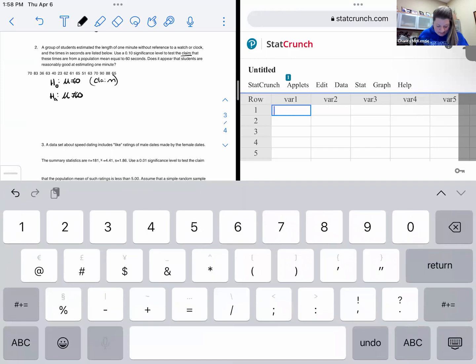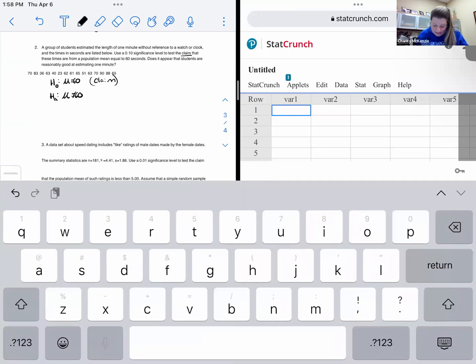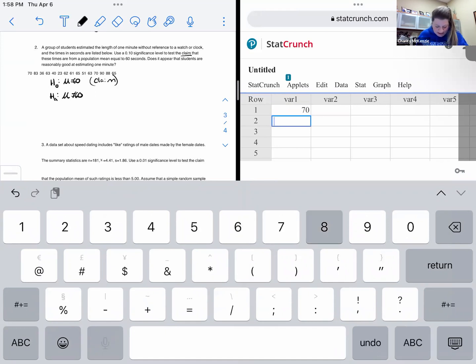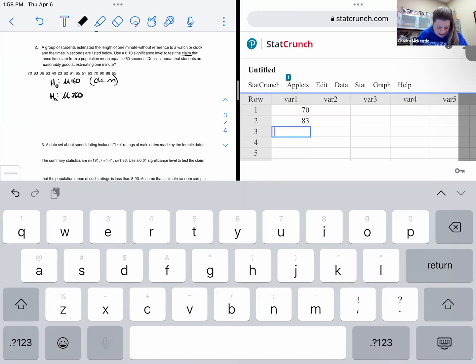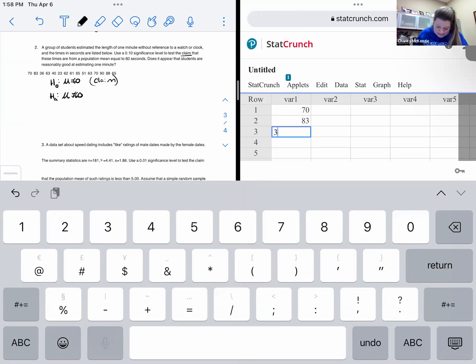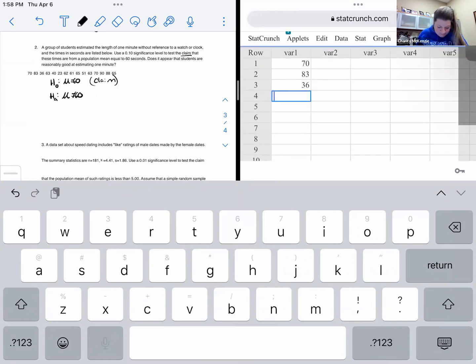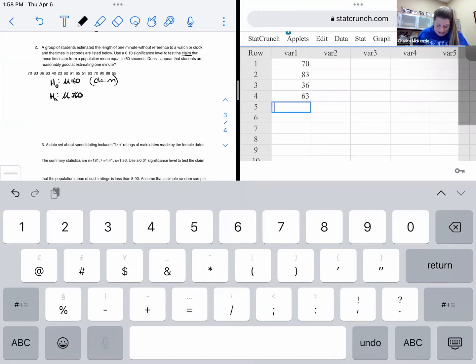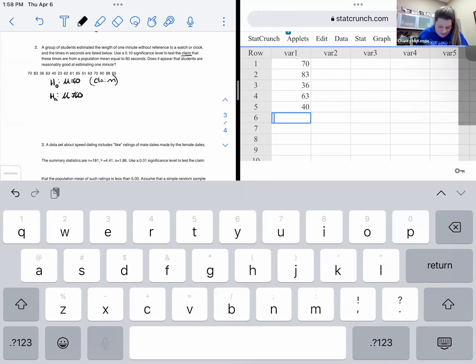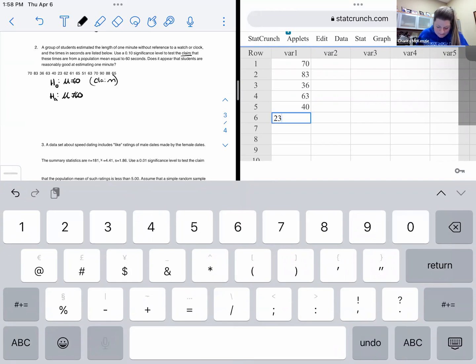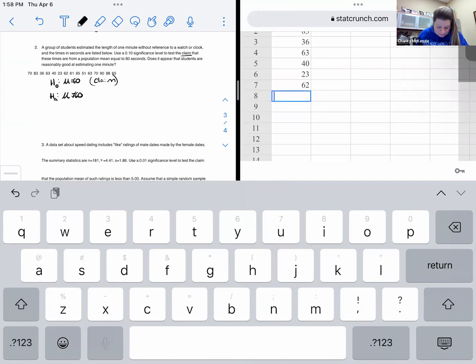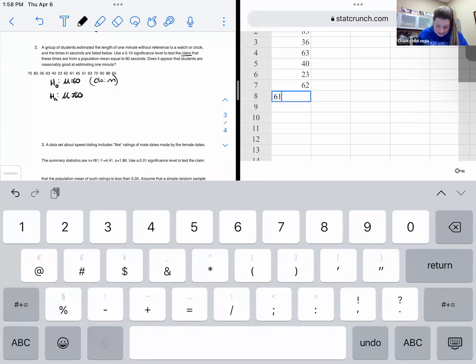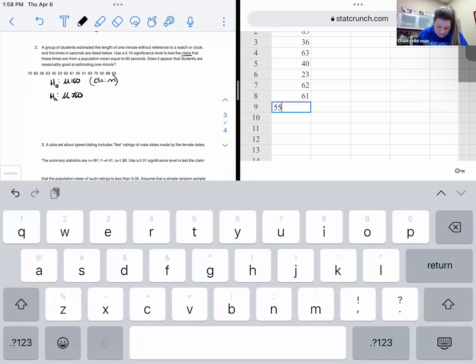So let's see, we went 70, and this doesn't let me push enter on the iPad, but 83, then 36, 63. I wish I was on a computer. I would definitely type this up faster. 40, 23, 62, 61, 55.